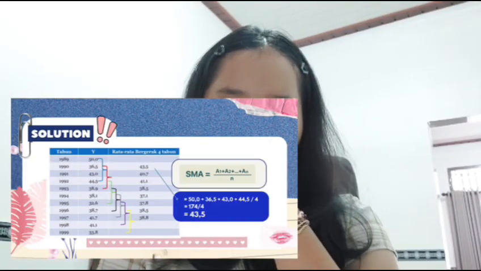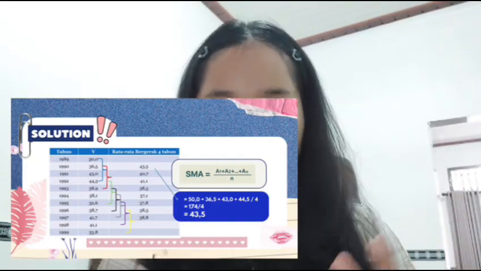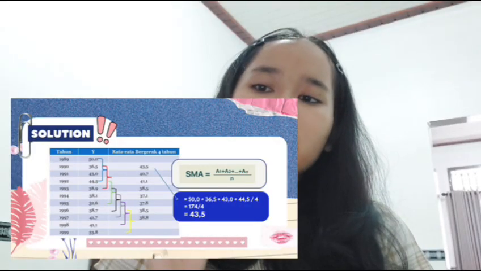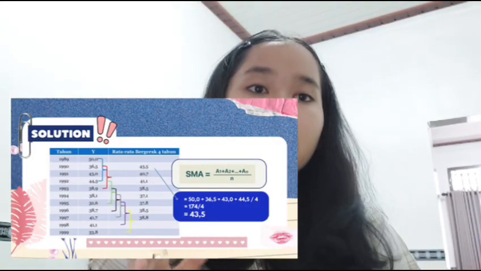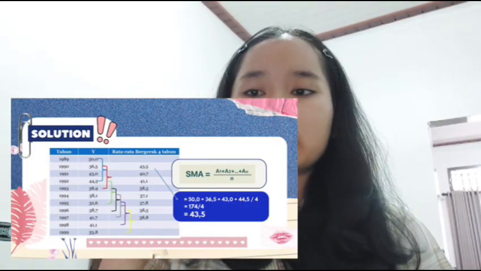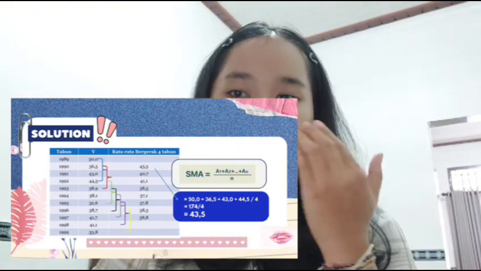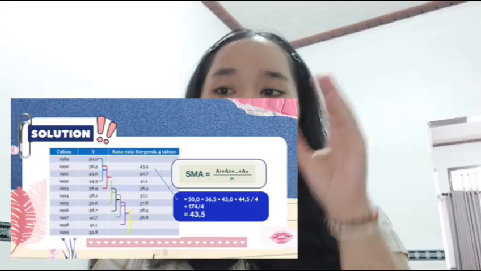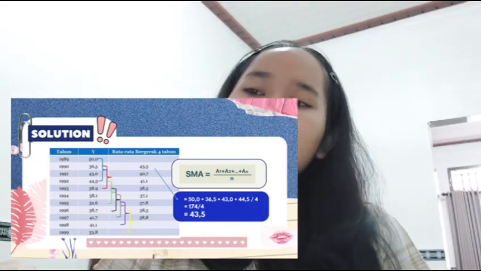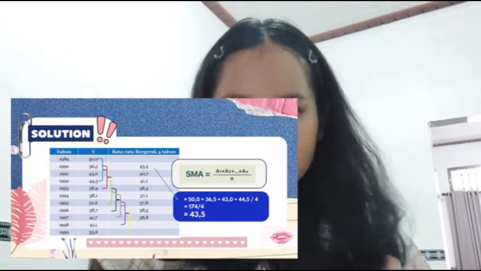So the sum total of y for 4 years is 174, and we divide it by 4, so the result is 43.5. And then we continue on to the next year.